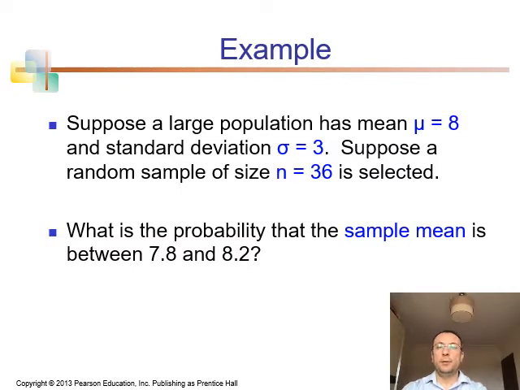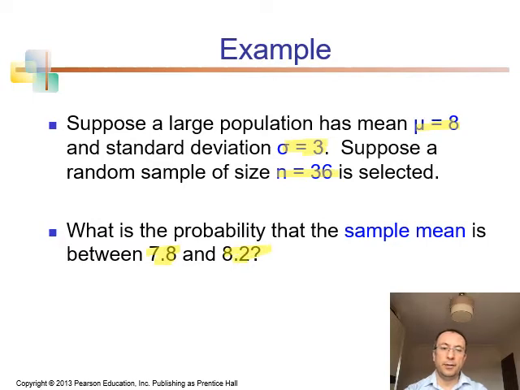So here's an example. We have a large population with mu equals 8, sigma equals 3. And we choose samples of 36. What's the probability that the sample mean is between 7.8 and 8.2?